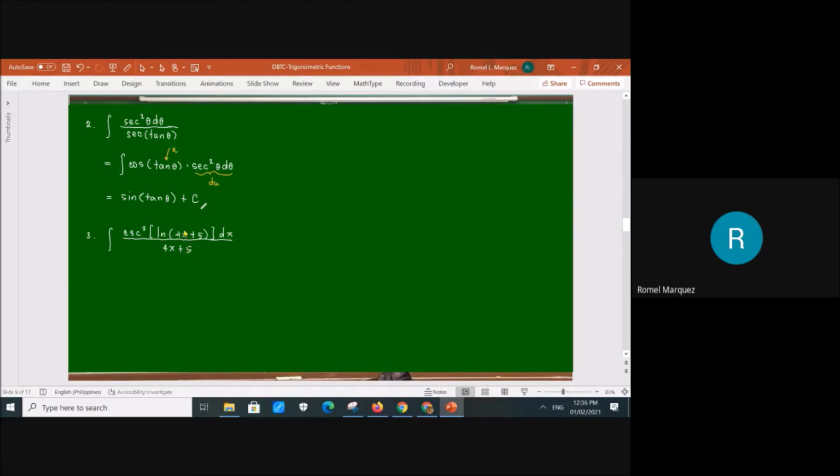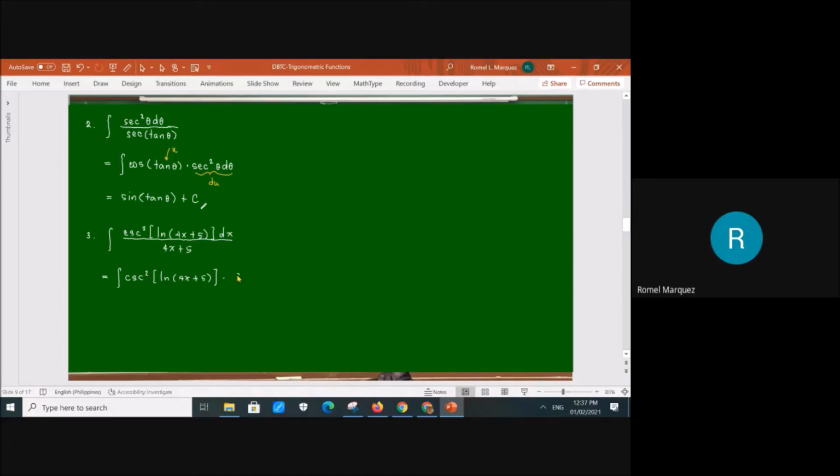So, do we have in the list cosecant squared? Yes. So, let's try if it's u, if its du is present. Let's rewrite this first into cosecant squared of ln of 4x plus 5, hoping that ln of 4x plus 5 is its u, no?